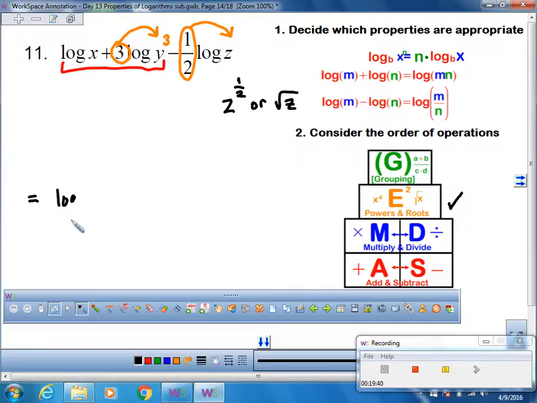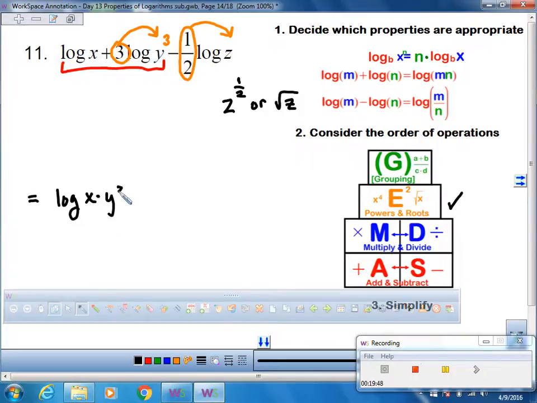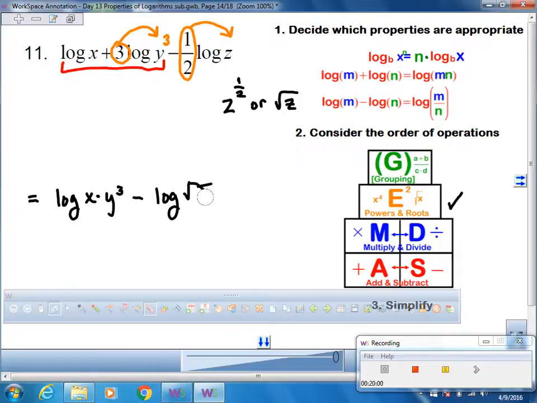Okay, so now I have log of an x times y cubed minus log, I'm just going to write like this, square root. I think on my answer key it is the square root.